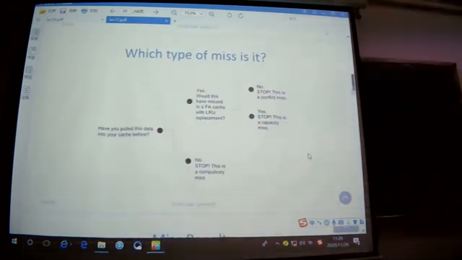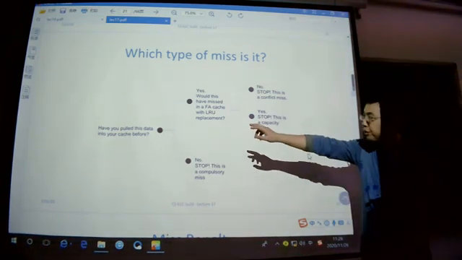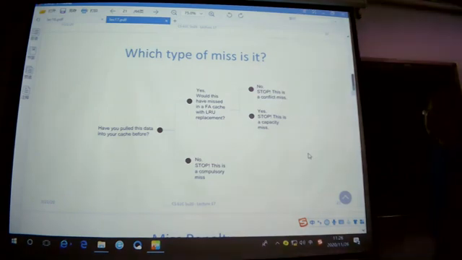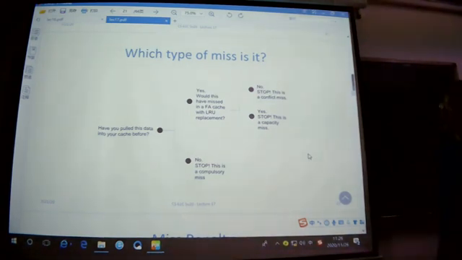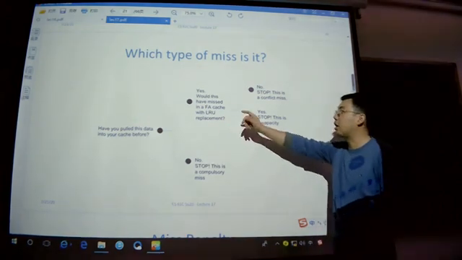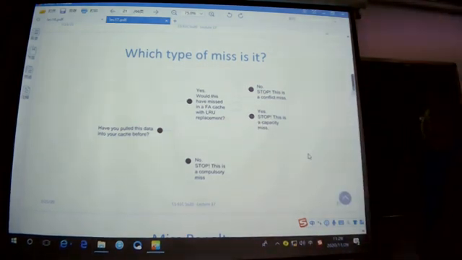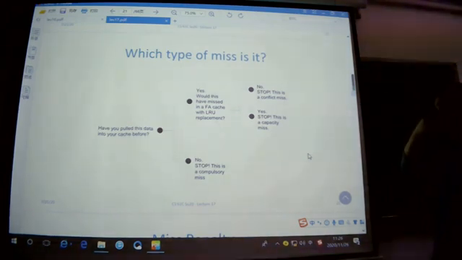So you can find what type of miss it is. One question: have you pulled this data into your cache before? If the answer is no, it is a compulsory miss. If yes, would this have missed in a fully associative cache with LRU, least recently used replacement?